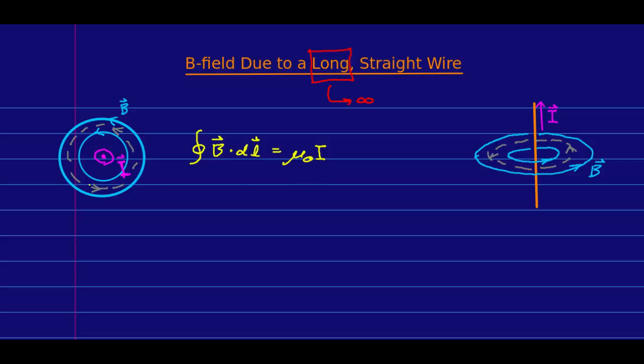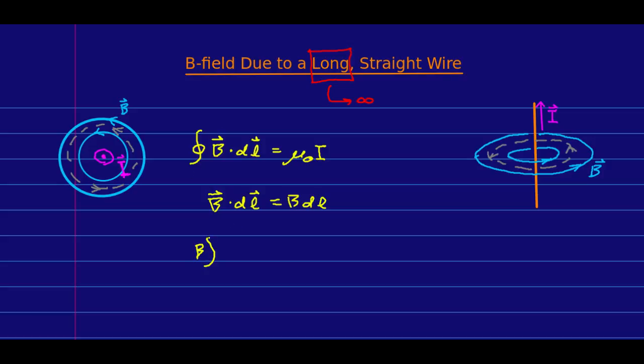And by the choice of a circle centered on the current, I know that the B field is parallel to the direction I'm going around the path everywhere. And so B dot dl is just B dl. And I know that the B field is the same everywhere on my path, and so I can just pull the B out of the integral.